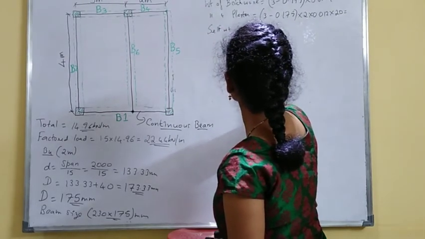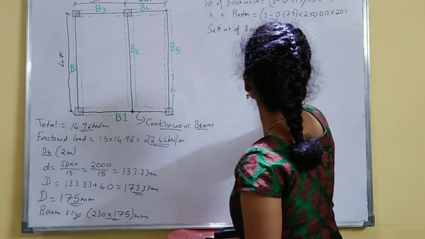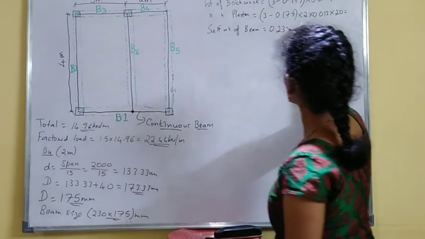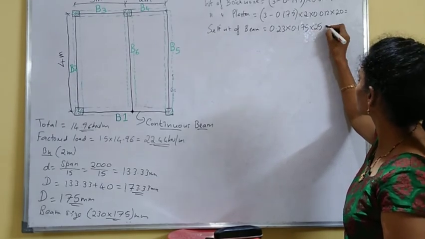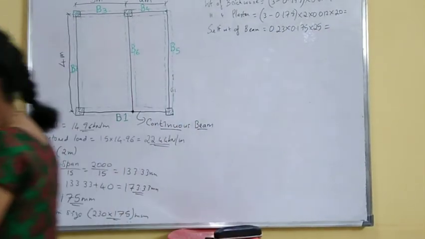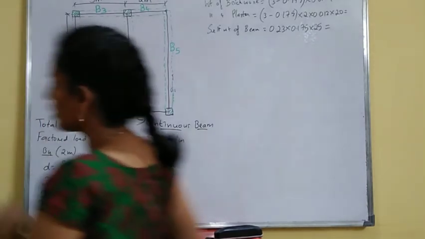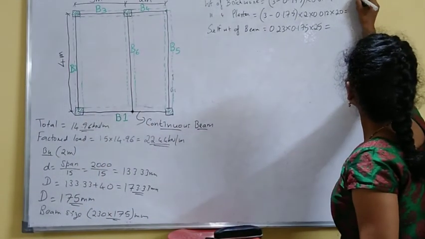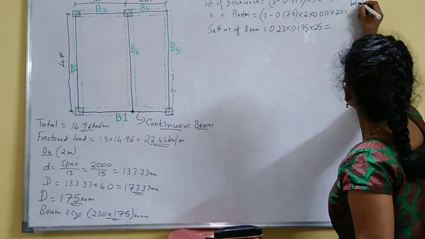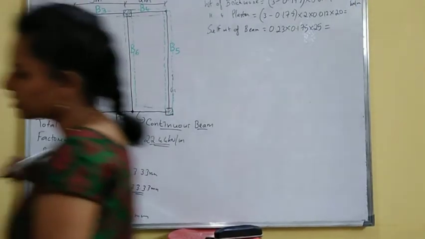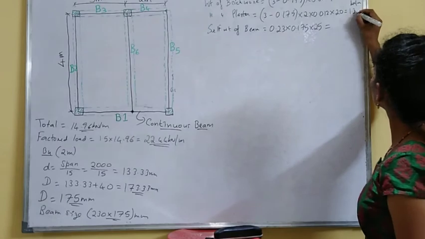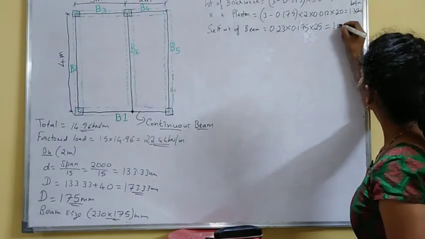Self weight of beam: 0.23 into 0.175 into 25. Calculate and get the value. Total load 12.48 kilonewton per meter, 1.36, 1.01.